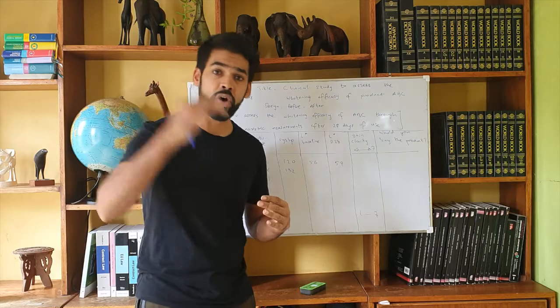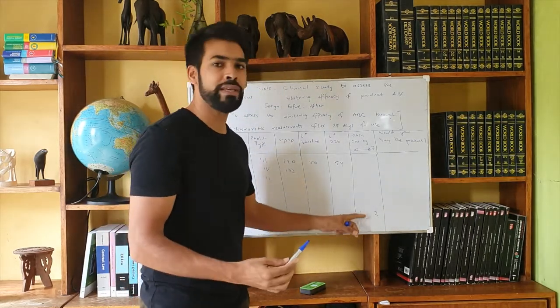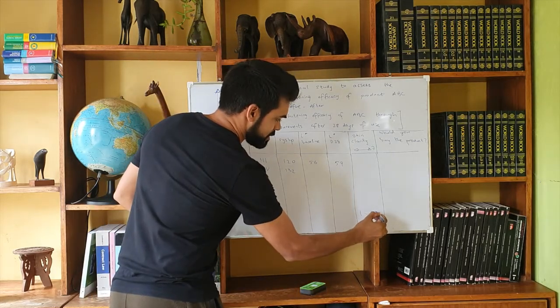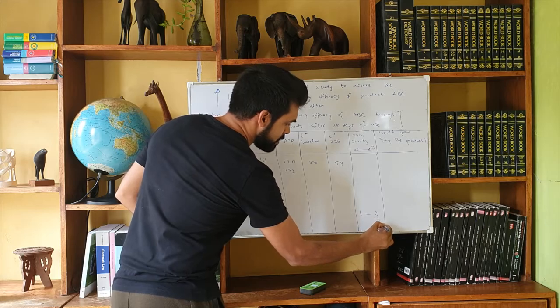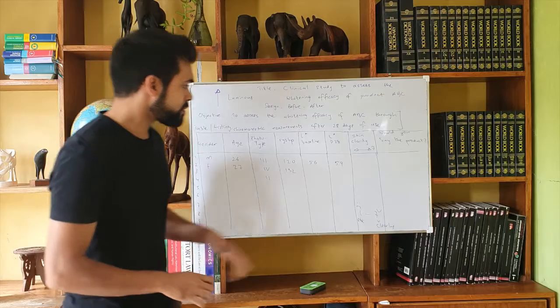It cannot be the other way around. It cannot be that 1 stands for very clear skin. No. So 7 should be very clear, and 1 not clear at all. So this is the least favorable opinion, and this is the most favorable opinion.